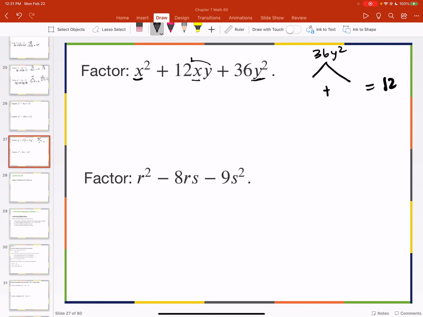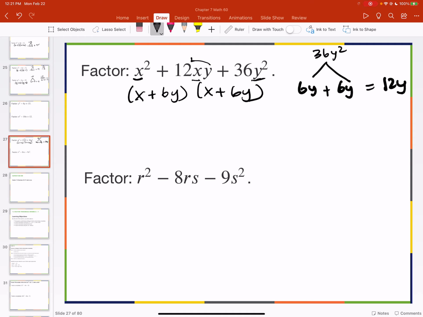So this will be 12y. So it's the same thing. Honestly, the y's just come along for the ride. Still use the same logic: what times what gives me 36, and what plus what? So 6y and 6y, if I multiply them, I get 36y squared, and if I add them, I get 12y. So that becomes x plus 6y, x plus 6y.